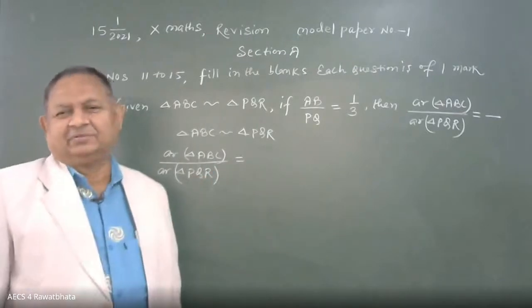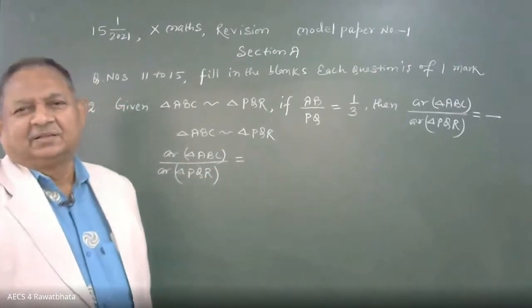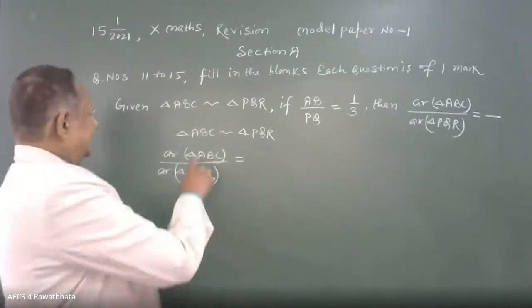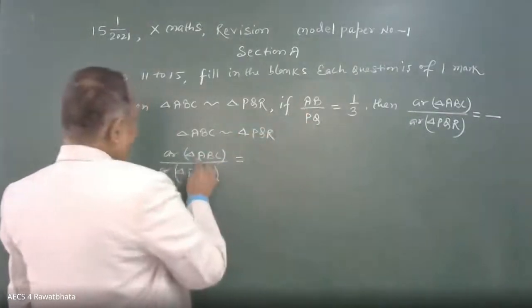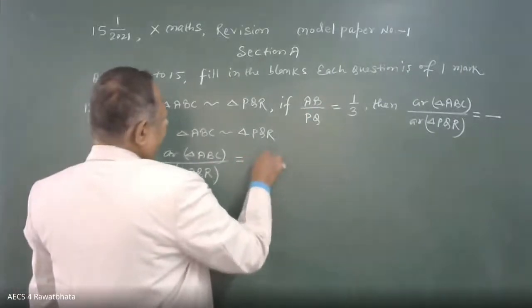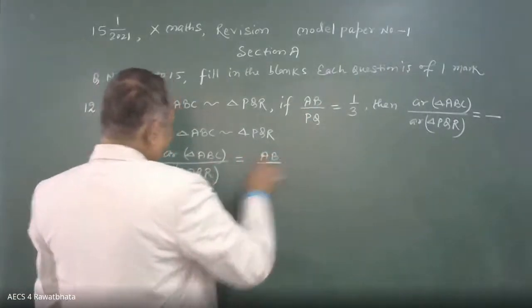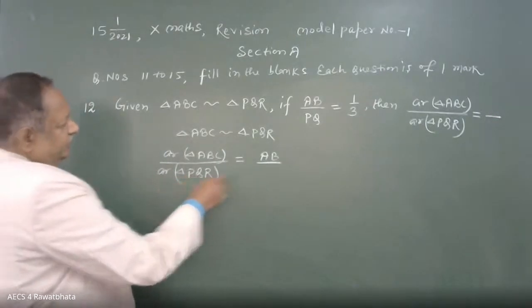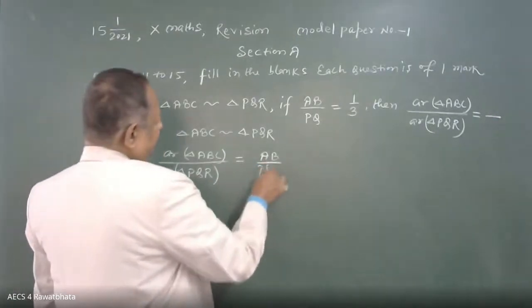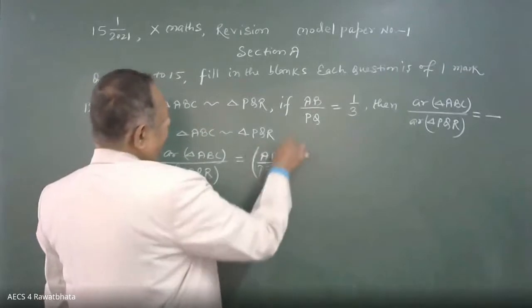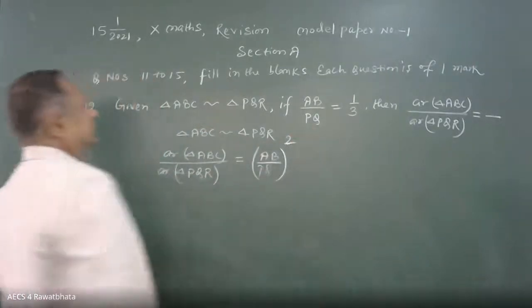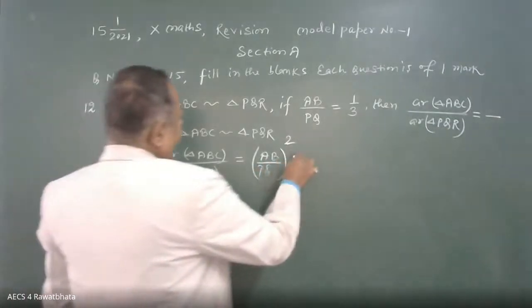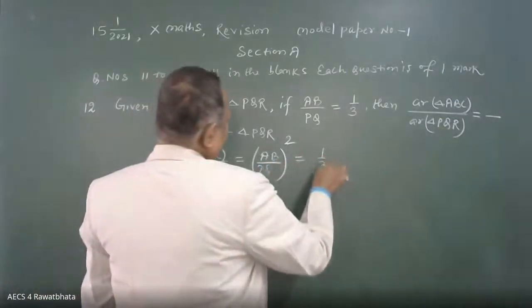So when we take AB, the corresponding side of this triangle is PQ, so AB square upon PQ square. This can be written as 1 by 3 whole square, that is 1 upon 9. Right, 1 upon 9.